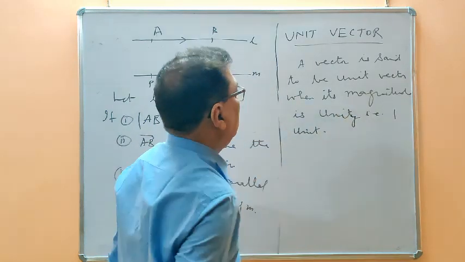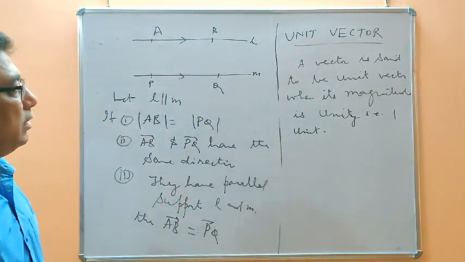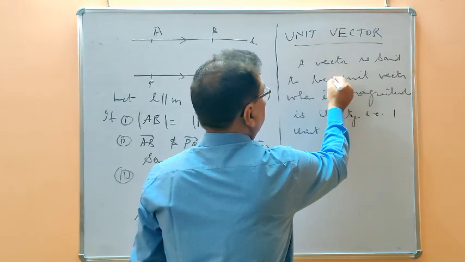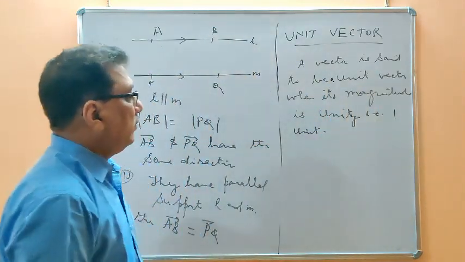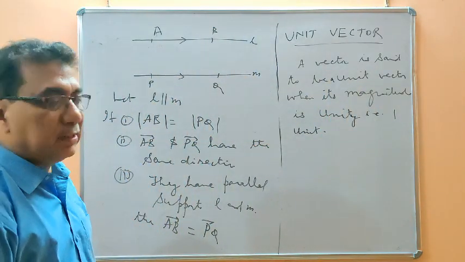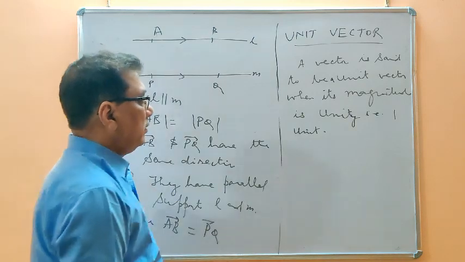Unity. Okay. A vector is said to be a unit vector when its magnitude is unity, that is one unit.